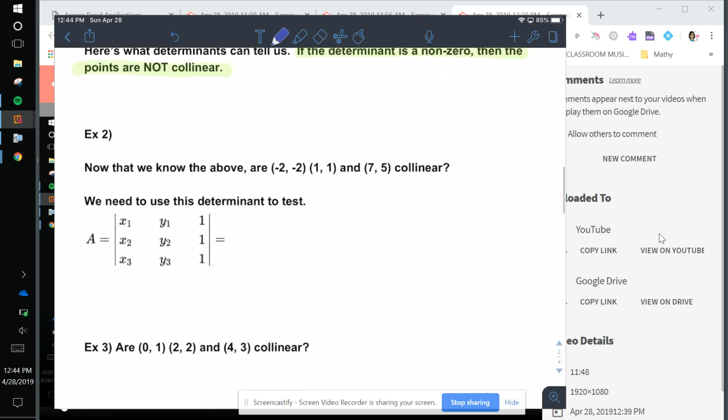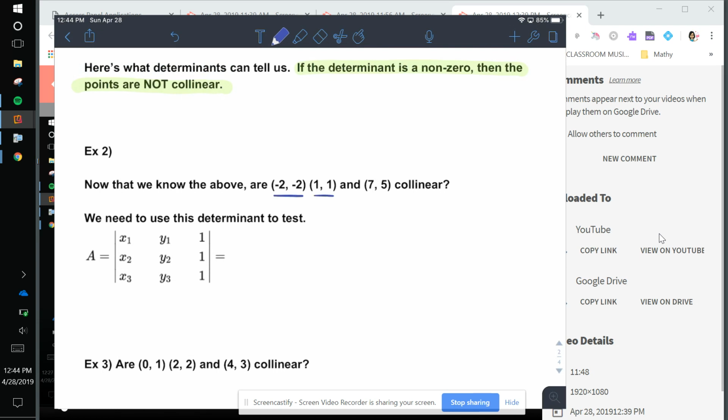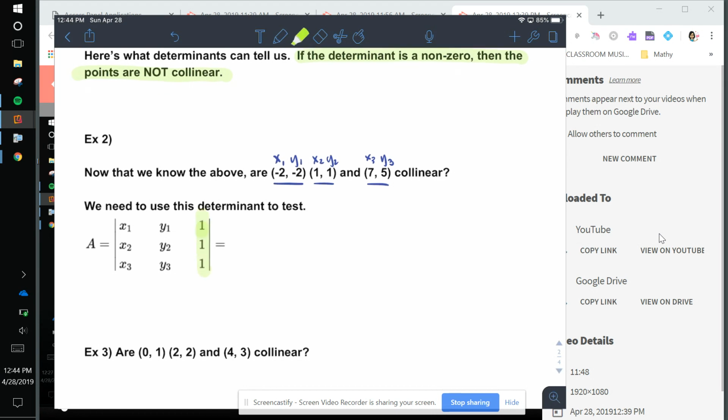So we're going to look at these 3 points, -2, 1, and 7, 5. And the way we set this up is we put them into a matrix like this. So we're going to call this x1, y1, x2, y2, x3, y3. And always, if we're testing to see if the points are collinear, we make the last column all ones.